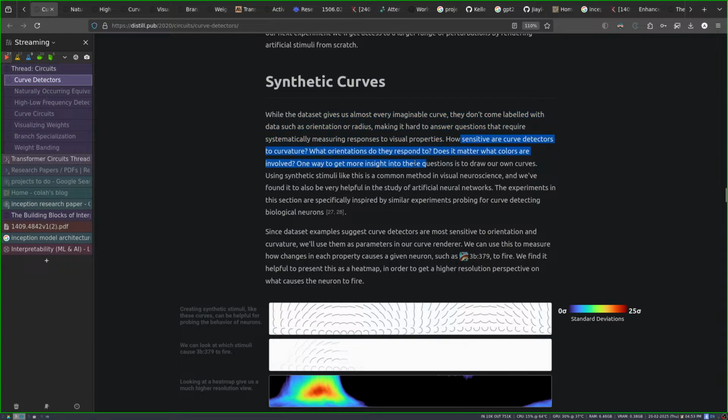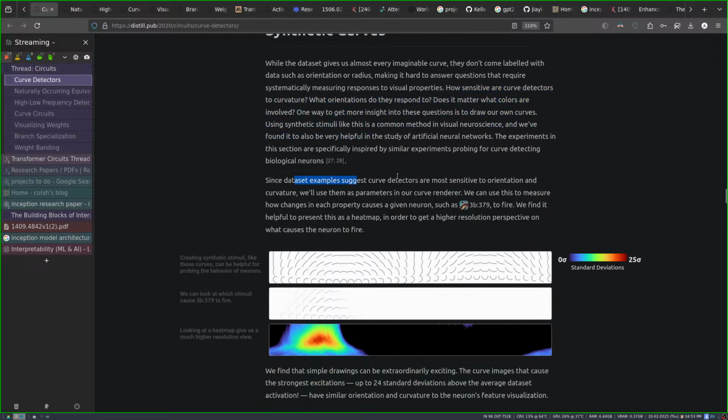How sensitive are curve detectors to curvature? Since dataset examples suggest curve detectors are most sensitive to orientation and curvature, we will use them as parameters in our curve renderer.